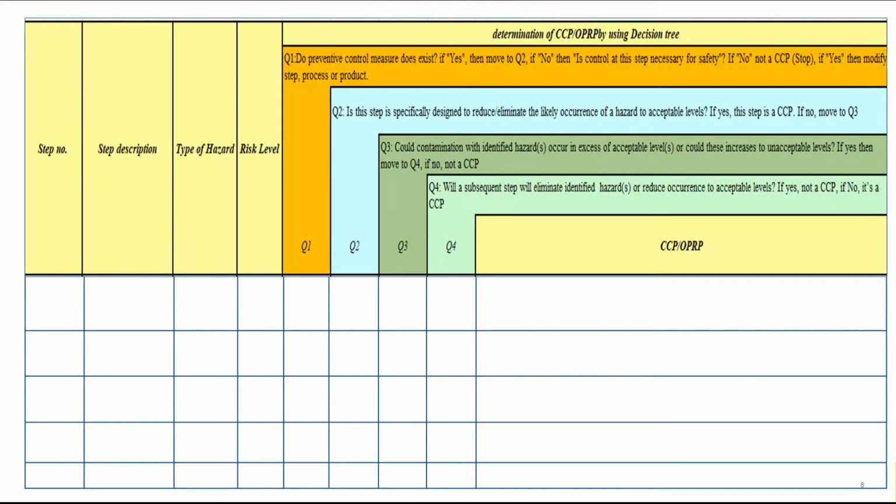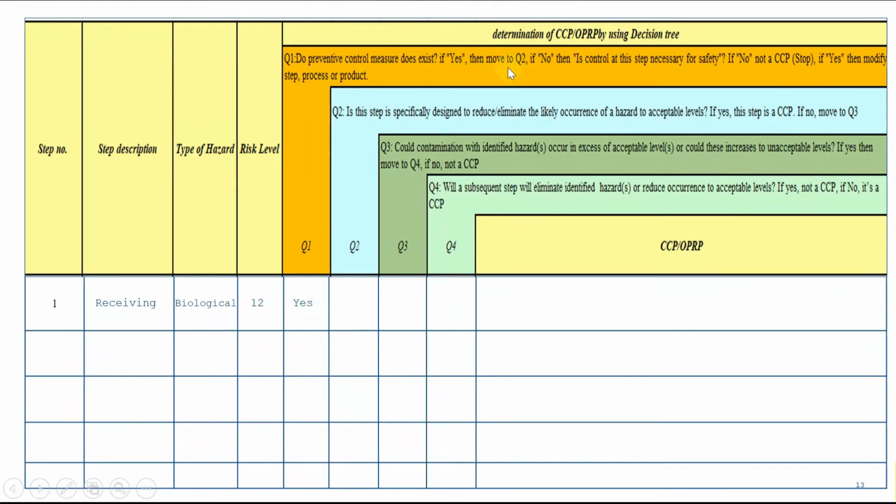So let's fill it. We need to mention the significant hazards here, the step number, receiving, what the hazard was, and the risk level. Let's discuss how we will fill question 1. Question 1 is: do preventive control measures exist? We need to answer the question. My answer is yes, preventive control measures do exist.